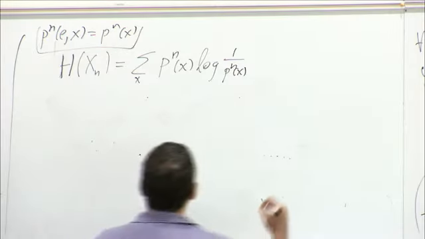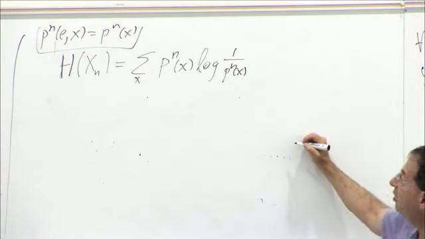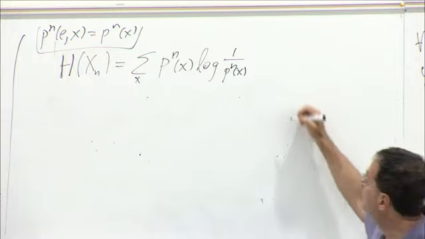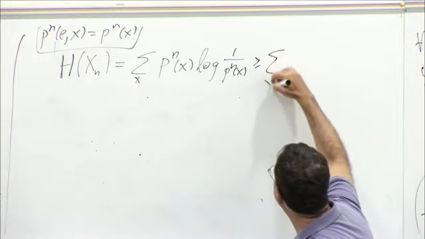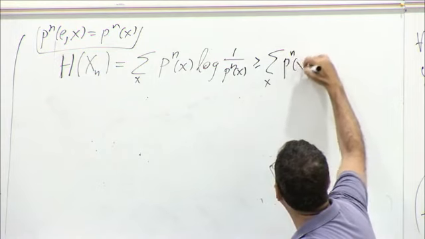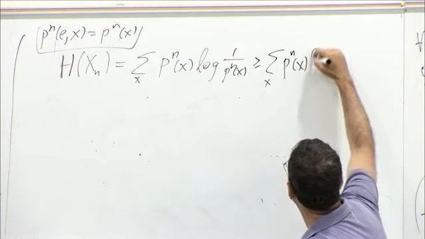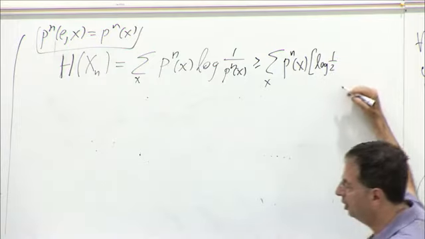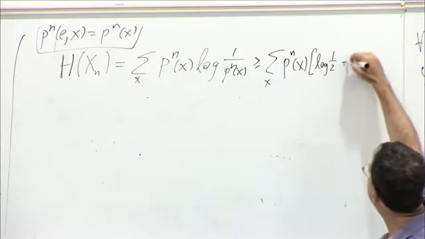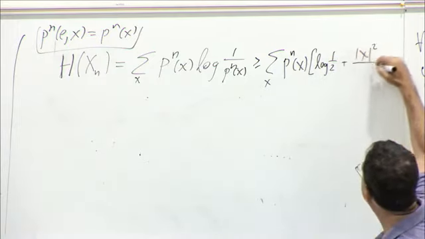So, okay, plugging that in, we'll get, so this is at least sum over x, Pn of x, times a log half plus x squared over 2n.